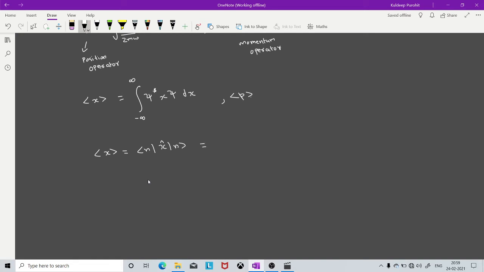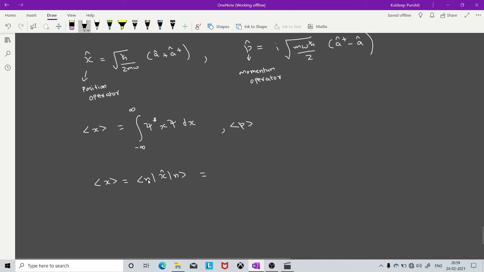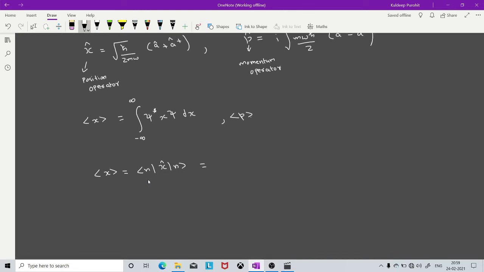Now you have the definition of the x operator here, which is the square root of h cross by 2m omega times a plus a dagger. So the square root of h cross by 2m omega, and here I can write bra n, a plus a dagger, ket n.